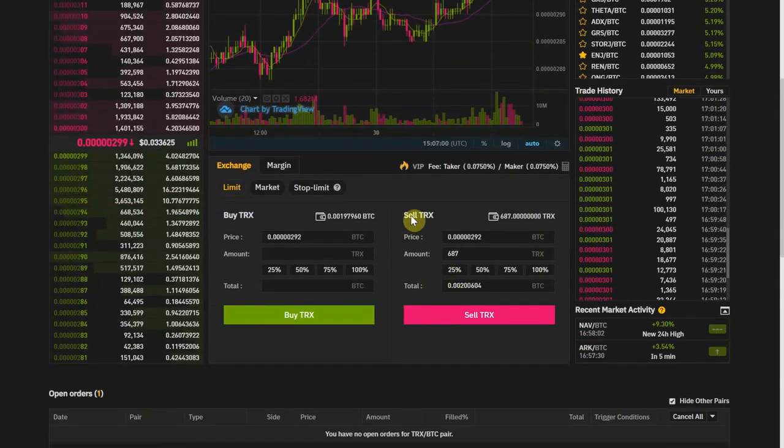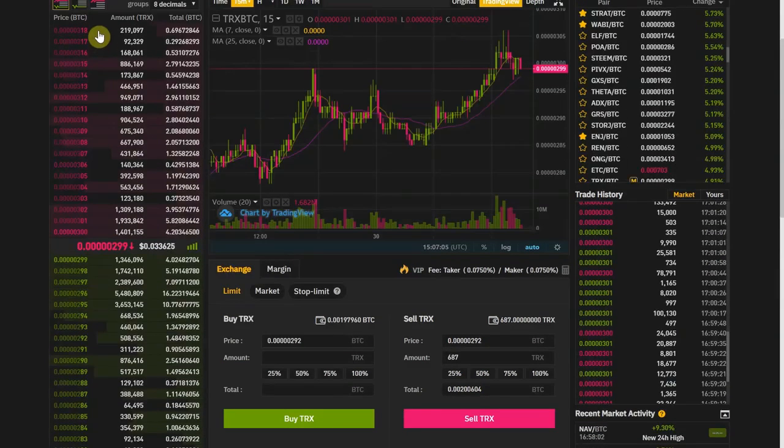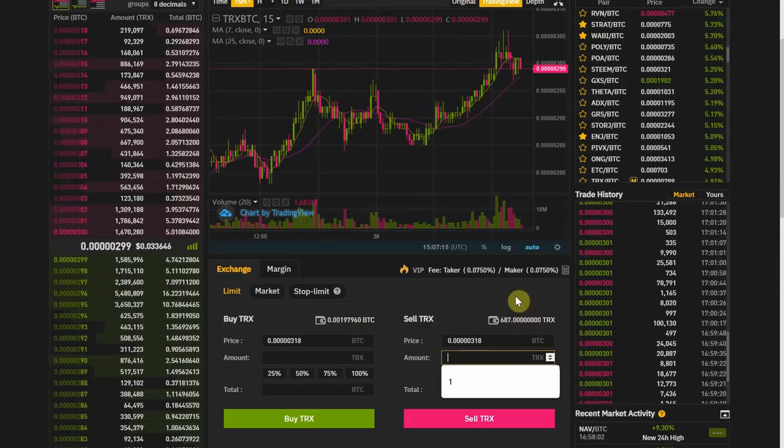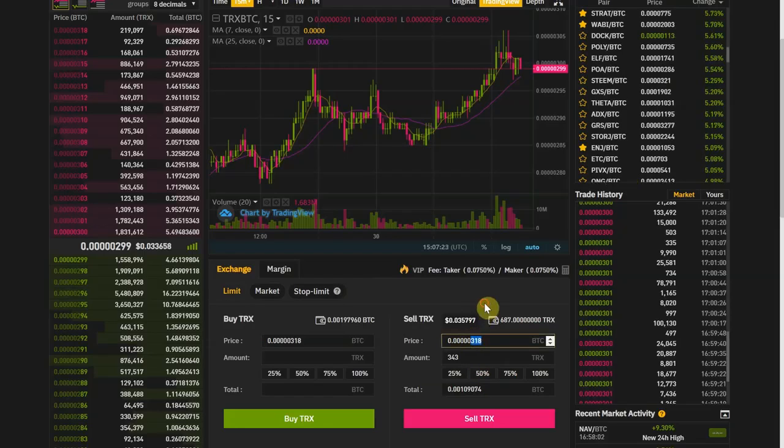Again, if you wanted to sell, it's the same exact thing. I want to sell at this price, and how much do I want to sell? I have this amount of TRX, and let's say I want to sell this amount of TRX at 318.